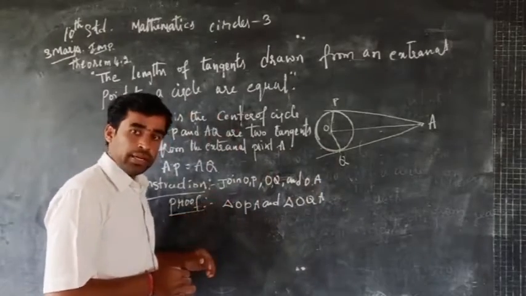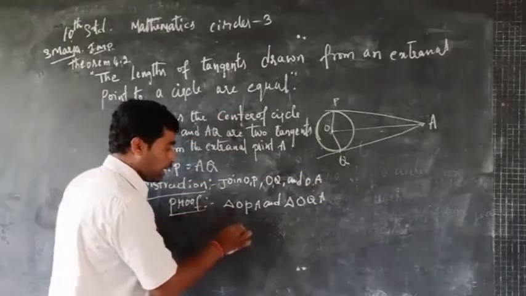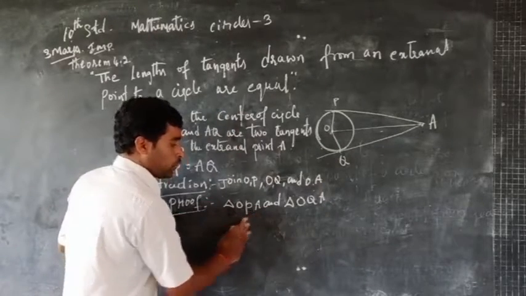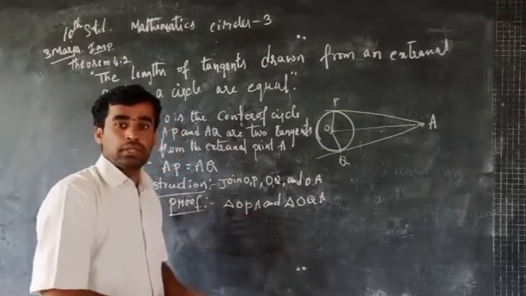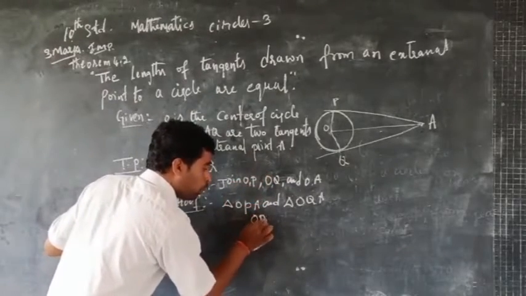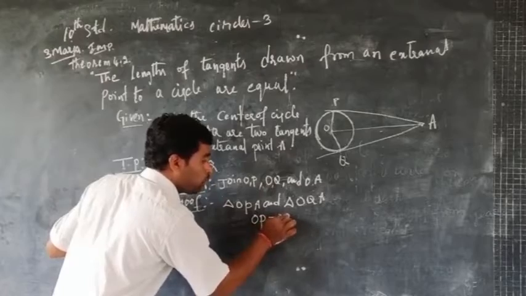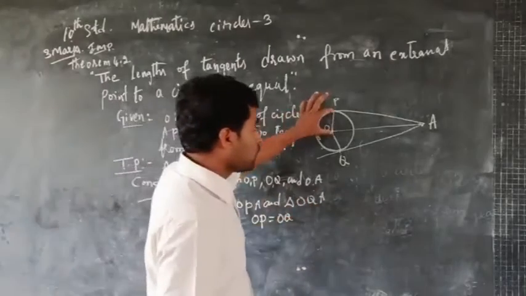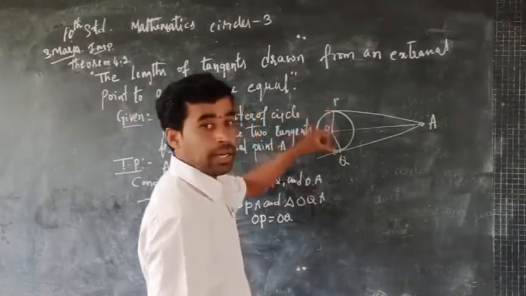Now we can write that by these 2 triangles. First, I'll take the length of OP is equal to OQ, because they are the radii of the same circle.